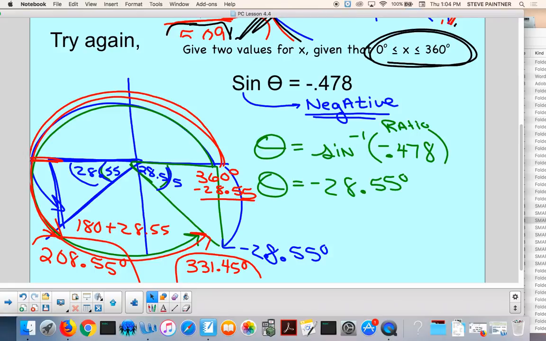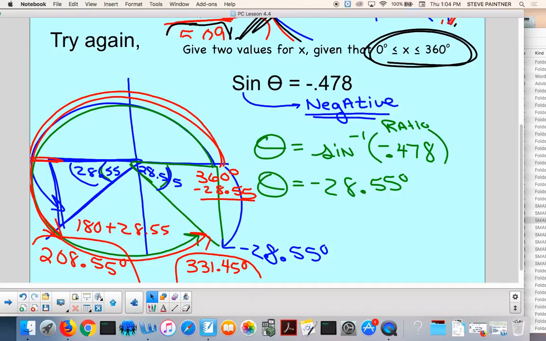Oh, well then you can use your calculator. I think the trig function of a quadrantal angle, use the unit circle. So here's the unit circle.